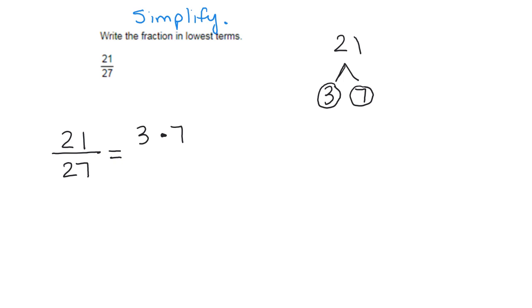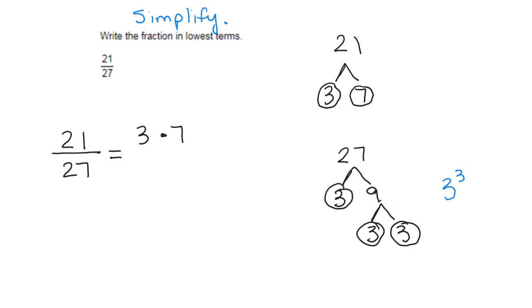Now, if I take a look at the number 27, it is a 3 times 9, and then the 9 breaks into 3 times 3. The prime factorization of 27 is 3 to the third power. And over here, it's just 3 times 7 for 21.